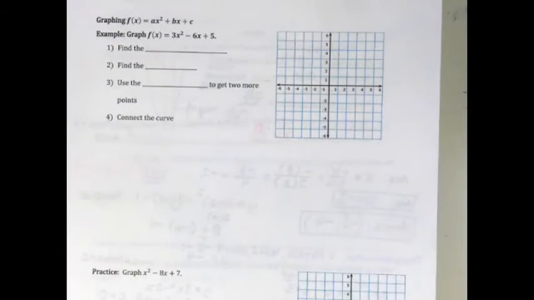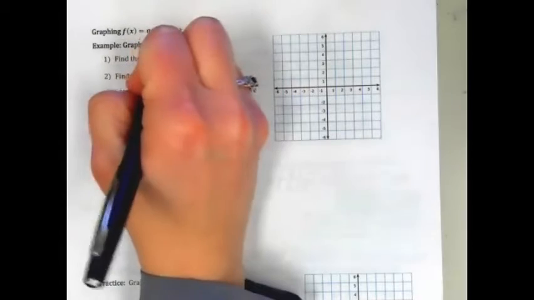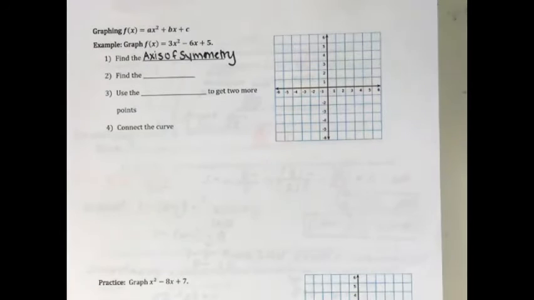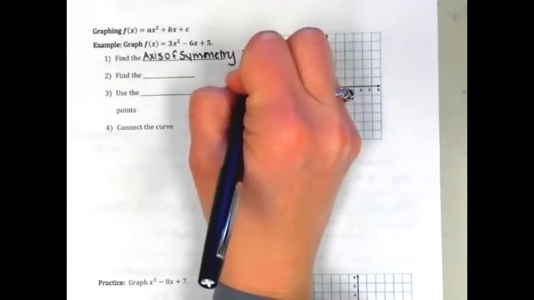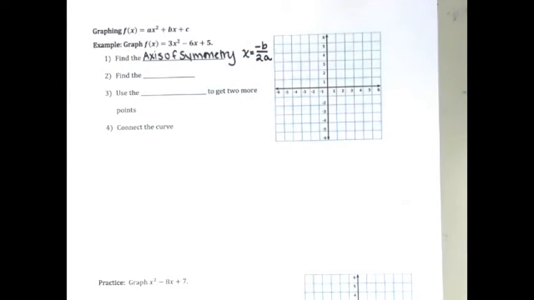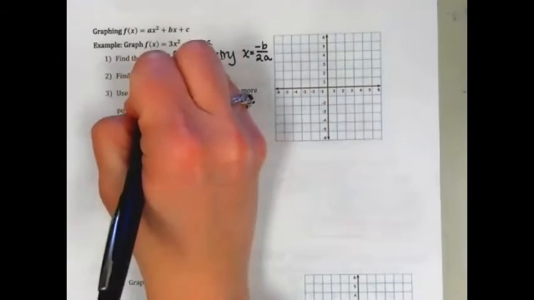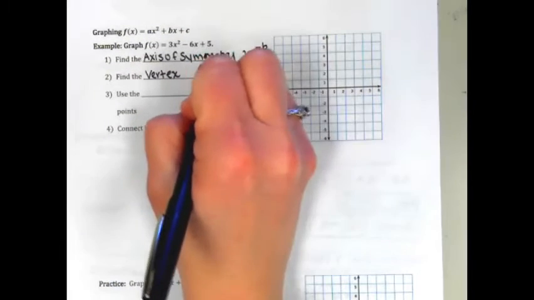But first, can you find the axis of symmetry? And how do we find the axis of symmetry? x equals -b over 2a. Then, once you know the axis of symmetry, can you find your vertex? Yeah, because our x coordinate is my -b over 2a.